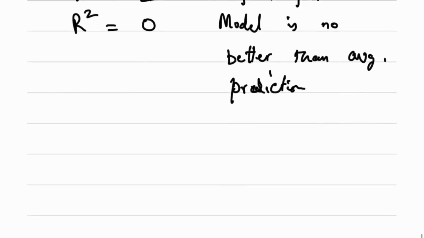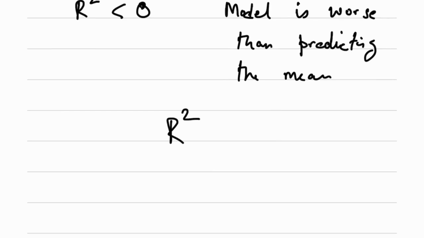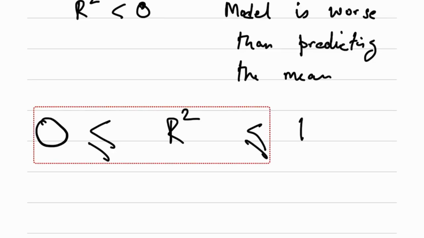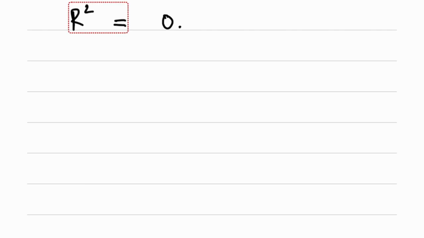And if R square is less than 0, that means the model was worse off than the average prediction. And going below 0 is a very exceptional case. So R square, generally when the model tends to be better, normally lies in the range of 0 to 1. And what does the value 0.952 mean?